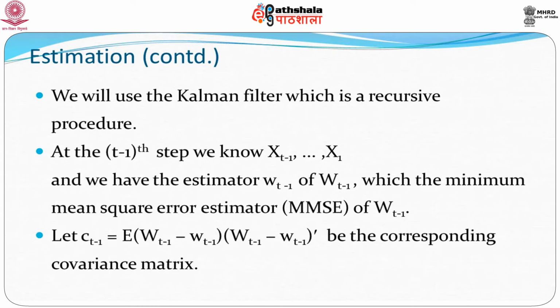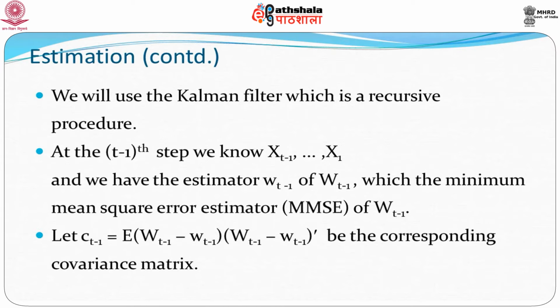So, assume that at the (t minus 1)th step, since we are given x_{t-1} up to x_1, we have the estimator w_{t-1} of capital W_{t-1}. So, given the past observations up to time t minus 1, suppose we have small w_{t-1}, and this is the minimum mean square error estimator of capital W_{t-1}.